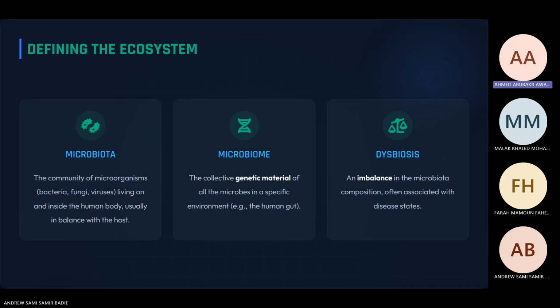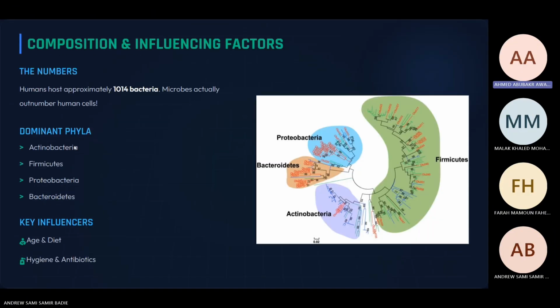Next slide is going to talk about the major groups of bacteria present in our bodies, for example actinobacteria, firmicutes, proteobacteria, and bacteroidetes, which are fancy names, but the first important thing we need to know is just the headliners. So what shapes our personal microbiome? Factors like your age, your diet, your personal hygiene, and most importantly, antibiotic usage.